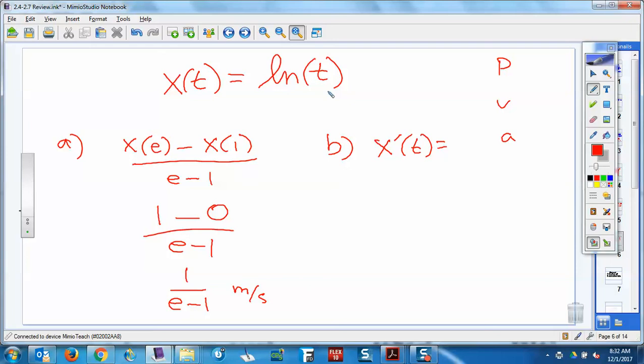Derivative with respect to German short hair of ln German short hair is 1 over German short hair, right? The input variable could be whatever. It's usually x or t, but it could be whatever, all right?